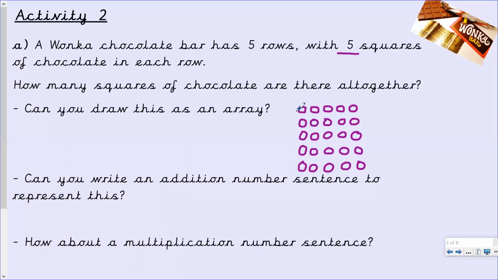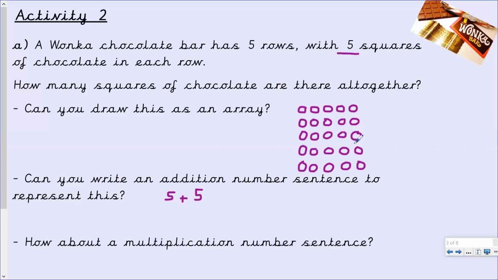So we know that in each row we have 5 pieces of chocolate. 1, 2, 3, 4, 5. So I can represent this as the number 5. And I know in the second row I also have 5 pieces of chocolate. So 5 plus 5.